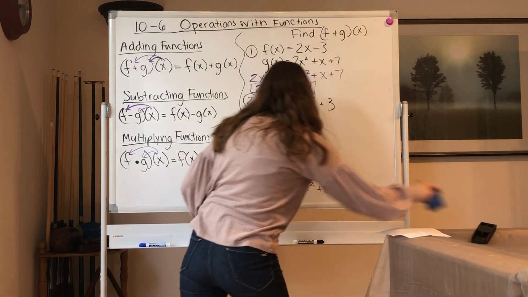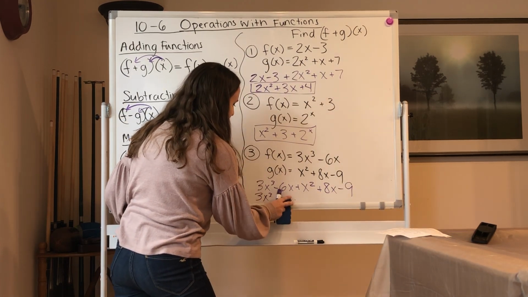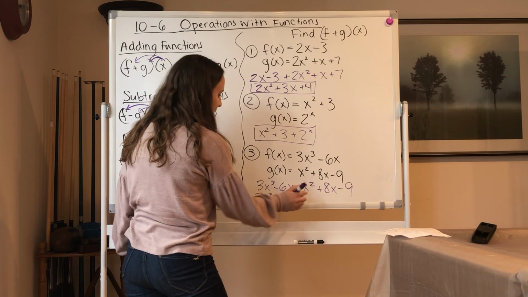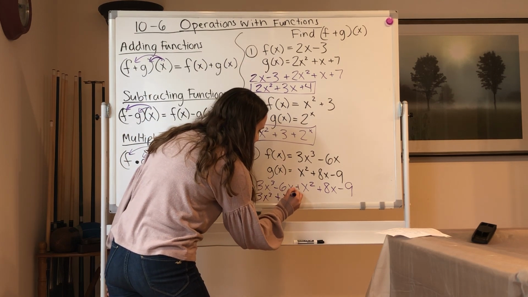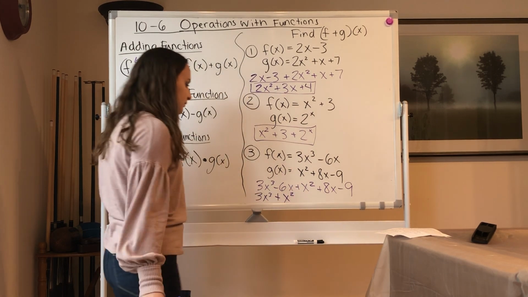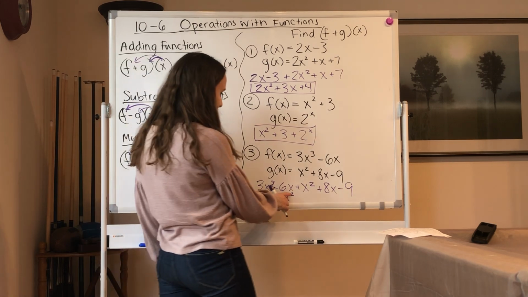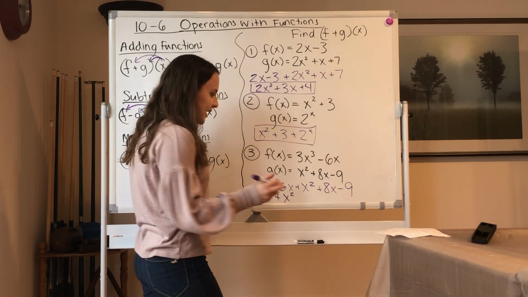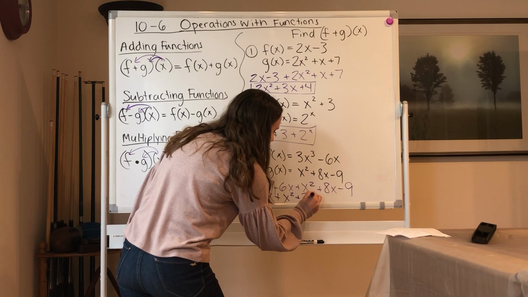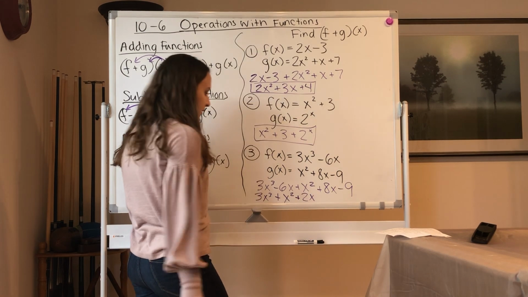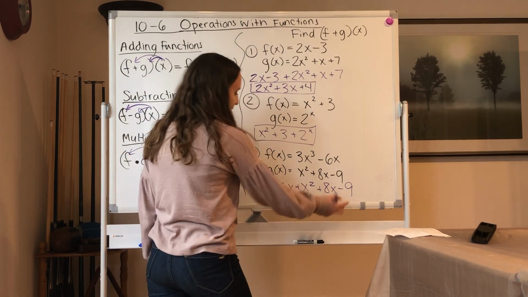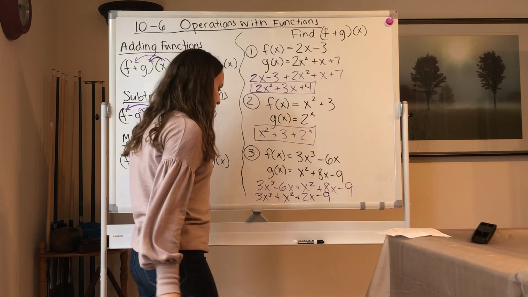Actually, we should really write the x squared term first, so plus x squared, because we're writing in descending order, standard form. Then we have negative 6x plus 8x, which is positive 2x. And then we have a minus 9. And that is it.